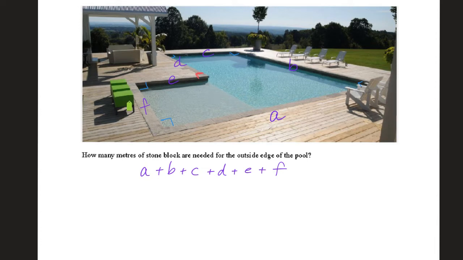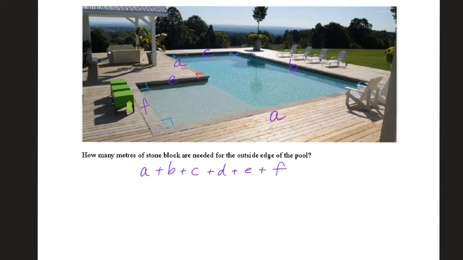This distance, that's F, if I add that to this distance that is D, then that would have to equal the opposite side, which was B.